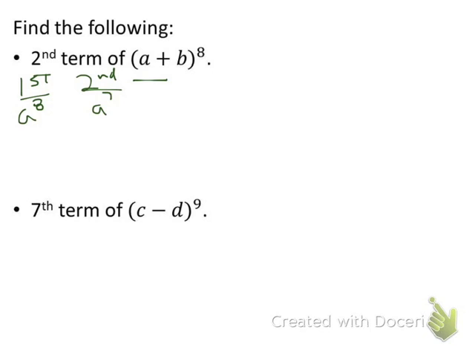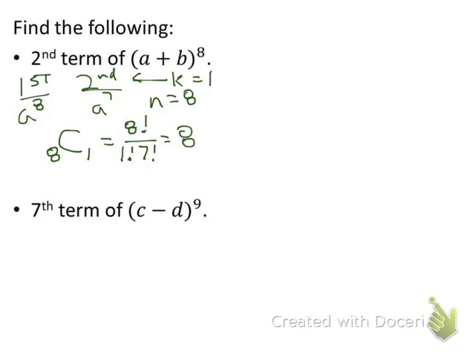So for this one, since it's the second term, we're going to say that k is 1. We've already talked about earlier, n would be 8, because that's our exponent. So now it's going to be a combination of 8, pick 1, and I get 8 factorial over 1 factorial, 7 factorial. Now this comes out to be 8. Now, that's our coefficient.